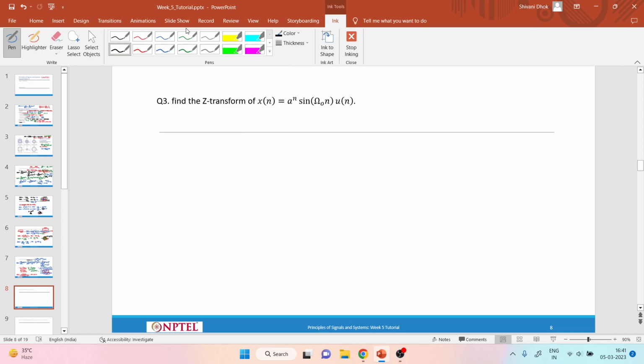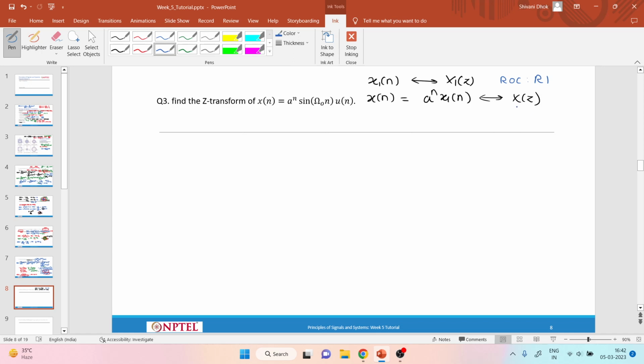So suppose I have a signal x1 of n, and I know its z transform is x1 of z with a region of convergence, let's say R1. And now suppose I have another signal x of n which is a power n x1 of n. And now we need to find the z transform of this, which is x of z.